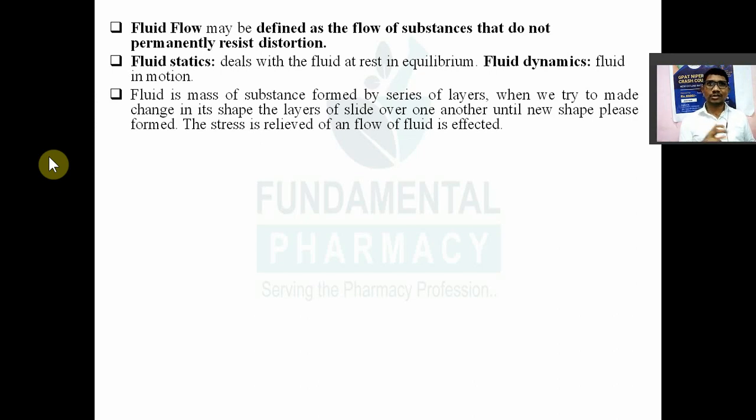You have to charge that reactant to the reaction vessel. So during that charge, the quantity of reactant to be added depends on the flow of fluid. Okay, so that's why you have to study this flow of fluid. There are a lot of applications of flow of fluid in industry.